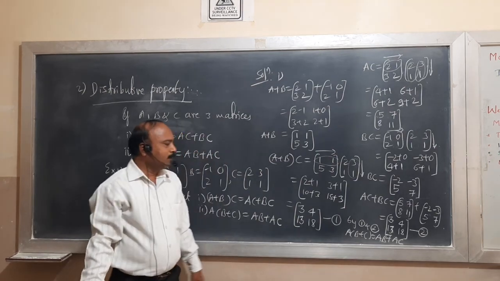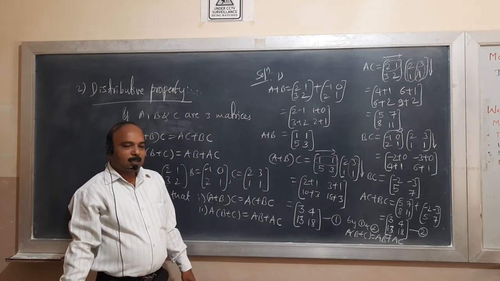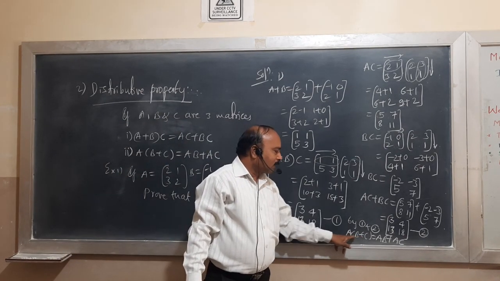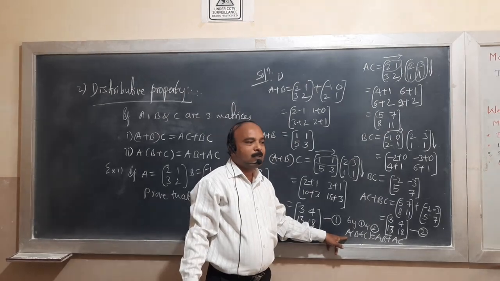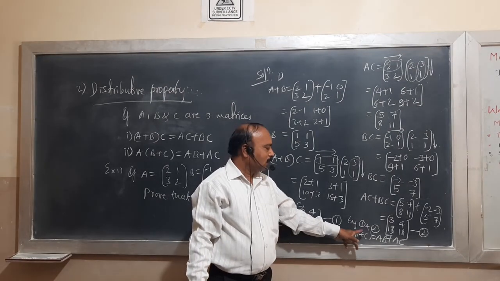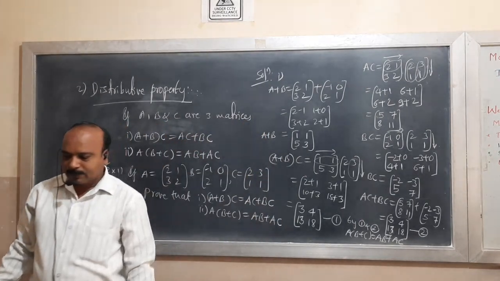It is nothing but the left distributive law of the multiplication of matrices. Here A is multiplied on the left side of the B plus C matrix, therefore it is considered as the left distributive law.